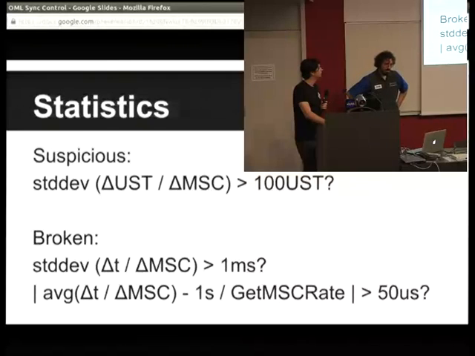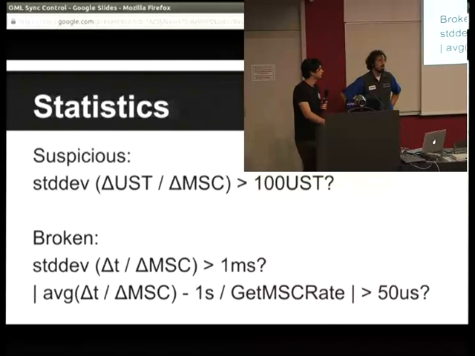But we also compare wall clock time as observed in the client. And so if the time elapsed between wait for SBC calls completing over the number of MSCs that were supposed to have elapsed in that same period, if the standard deviation of that is greater than a millisecond, that's fairly strong evidence that it's not actually syncing to vertical retrace.